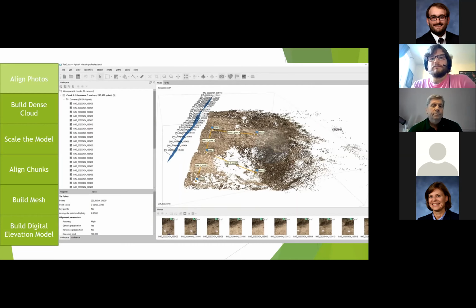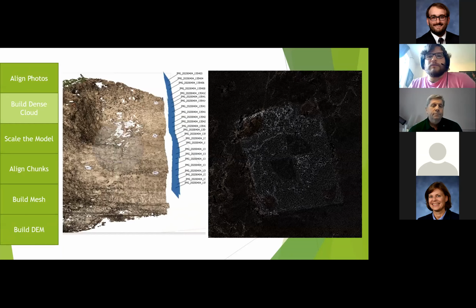It may look pretty dense, but you'll see it builds an even denser cloud in the next step. But basically, you can see how it pieced together and gave you the groundwork for this model. And so from there, you build a denser cloud. And you can see here just one of the snapshots of the targets that I put into this study area. That snapshot alone probably has several 100,000 points just in that area. So these outputs get pretty big pretty quick.